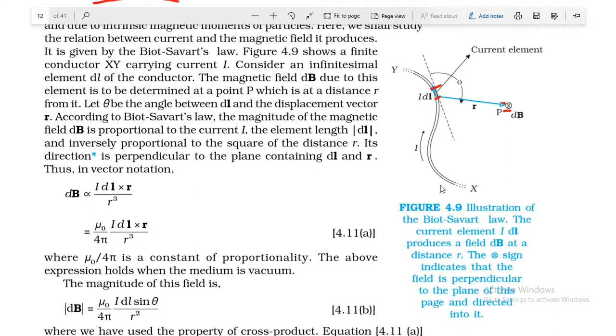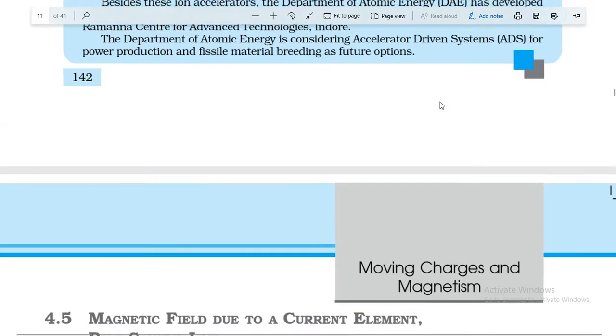So in this topic we will discuss the magnitude and direction of magnetic field at a point produced by a current carrying wire, or you can say produced by a very small element of current carrying wire.